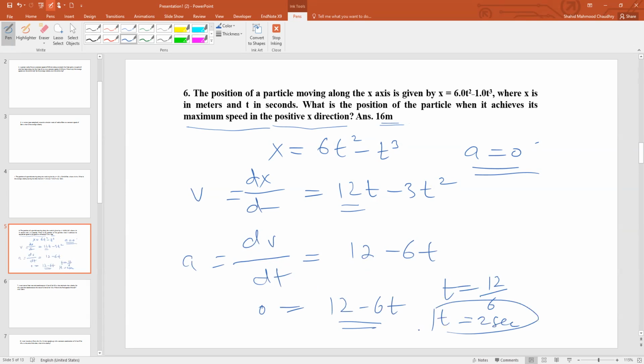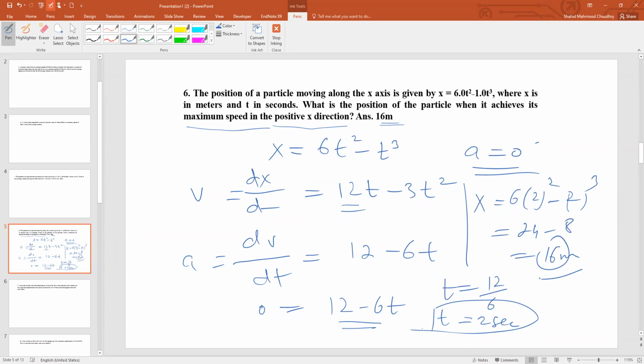At 2 seconds, you find the distance: x equals 6 into 2 squared minus 2 cubed. 6 times 4 is 24, minus 8, which is 16 meters. This is the answer.